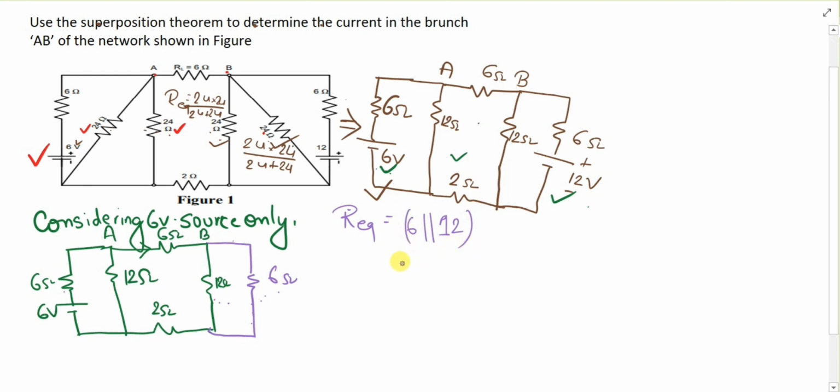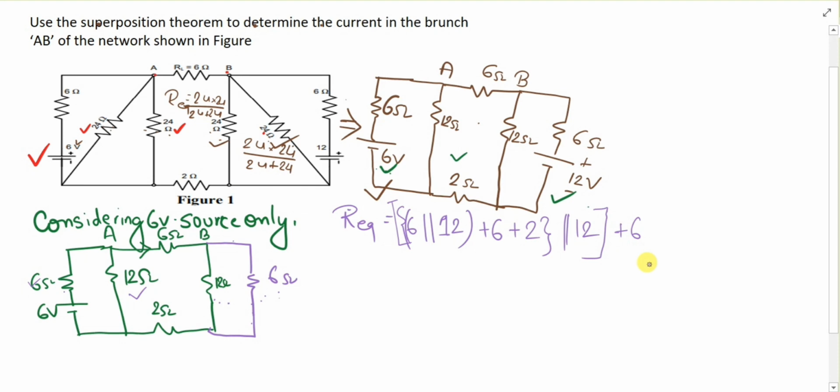Once these two are in parallel, the rest of them appear in series, so plus 6 plus 2. The whole combination will be in parallel with 12. Once you reach this point, you will find that the resultant resistance will be in series with this, so you will have to add 6.